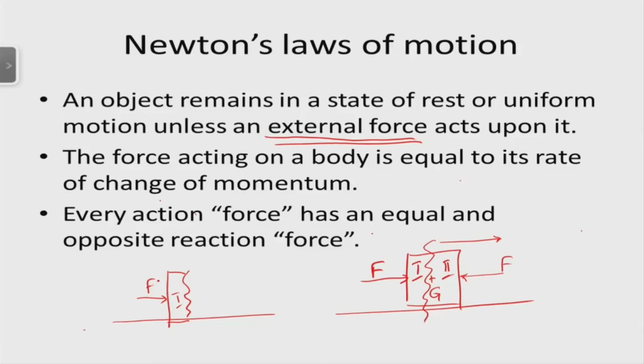If I now have a force F acting on the first part and this piece is in equilibrium, that automatically means that there is an effective force F acting in the opposite direction on this piece that I have titled with Roman numeral 1.